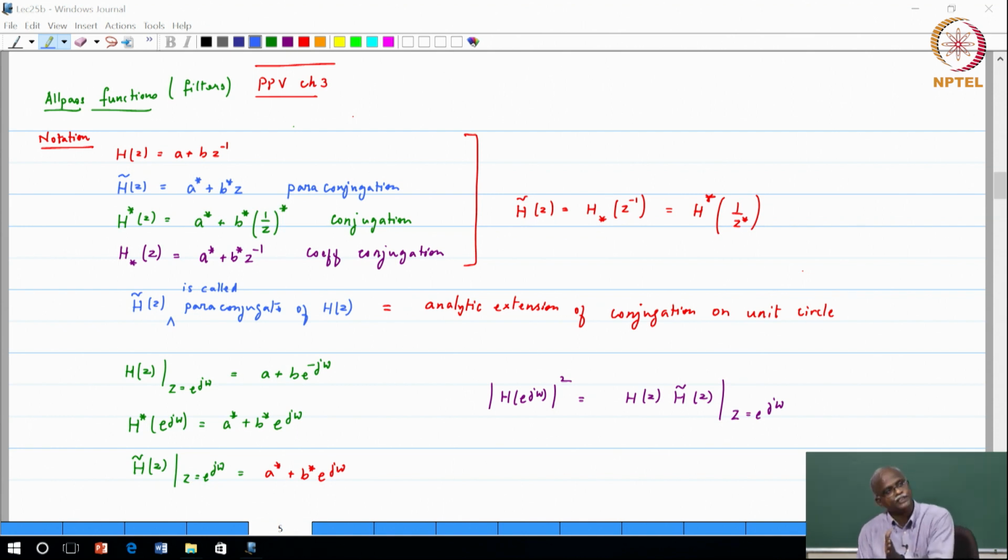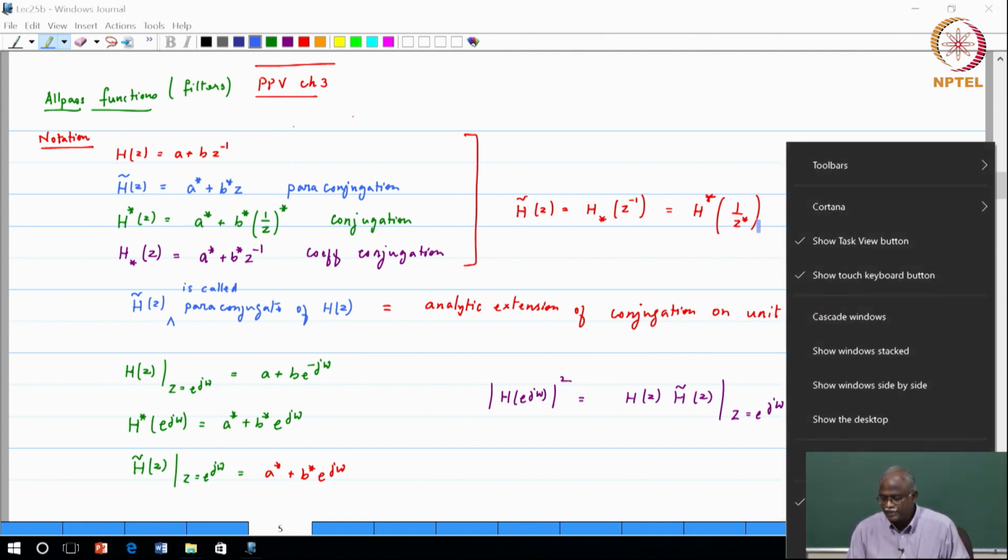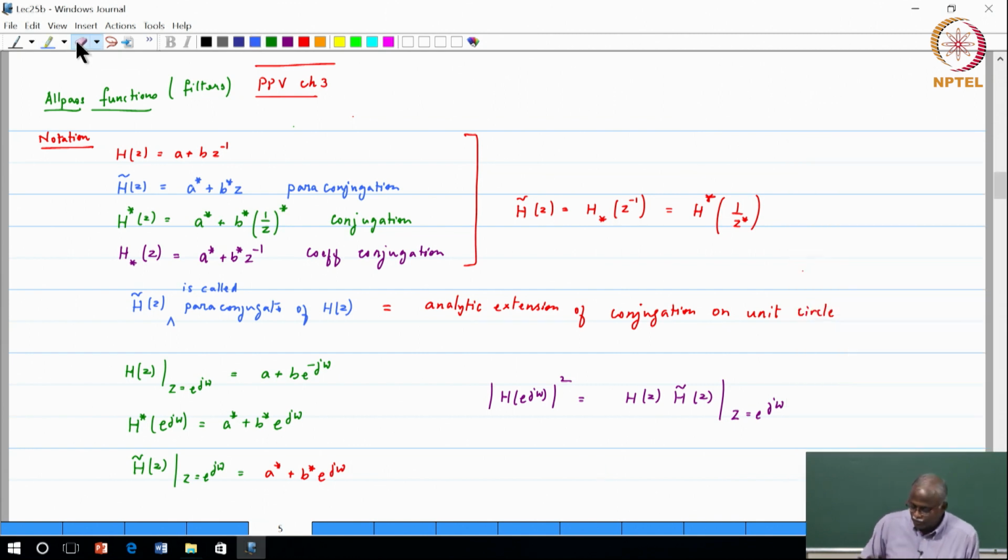The other one is you conjugate the entire function, which means that Z being complex will also get conjugated, and then you would have to replace Z with 1 over Z conjugate. So, that is the other representation. Hopefully paraconjugation is something you are comfortable with, and we will use this in the development of the theory going forward.